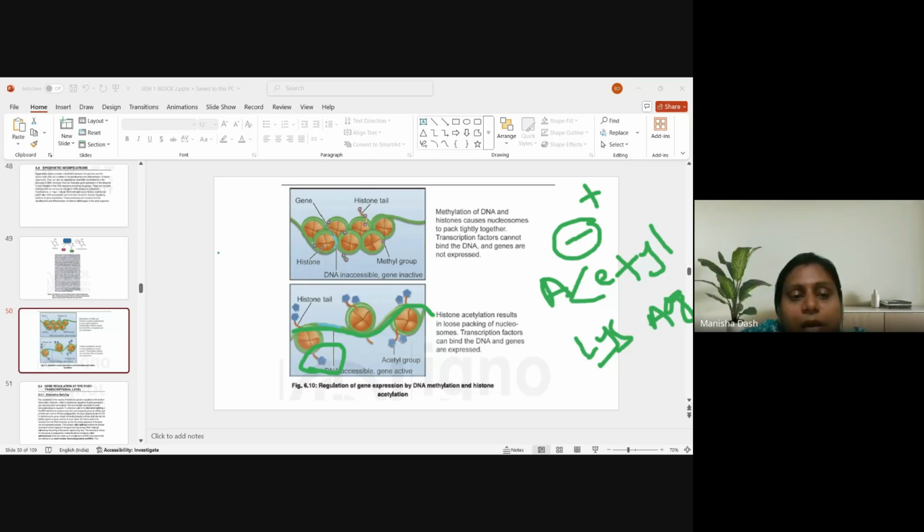So here it is extremely difficult to transcribe a gene. So when a gene needs to be turned off, it will have methylation, and if a gene needs to remain active or be expressed, it will have acetylation. Okay. So these are the markers of gene expression. Methylation, negative marker; acetylation, positive marker.